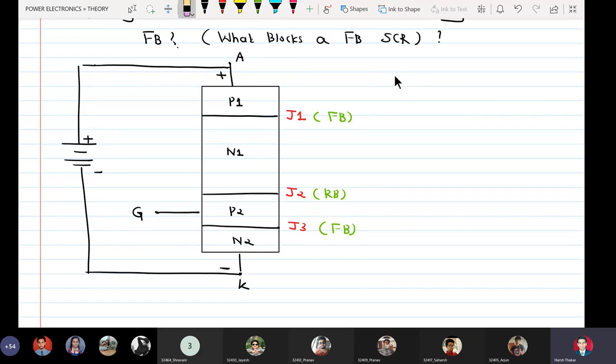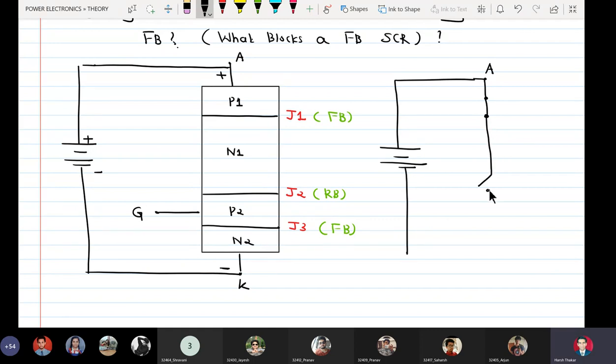So basically this structure is nothing but equal to this supply, and here we have the anode terminal, and we have the junction J1 acting as short circuit, the junction J2 acting as open circuit, again the junction J3 acting as short circuit, right?